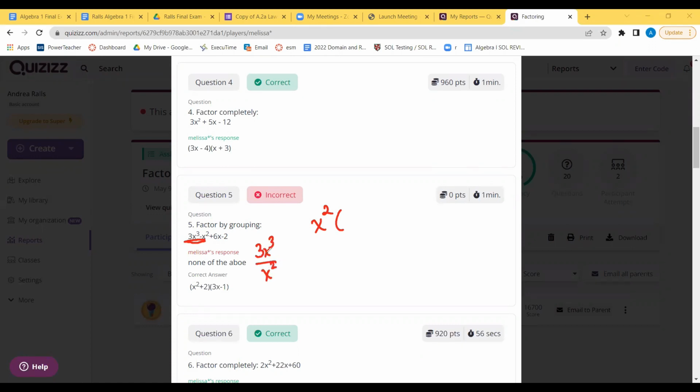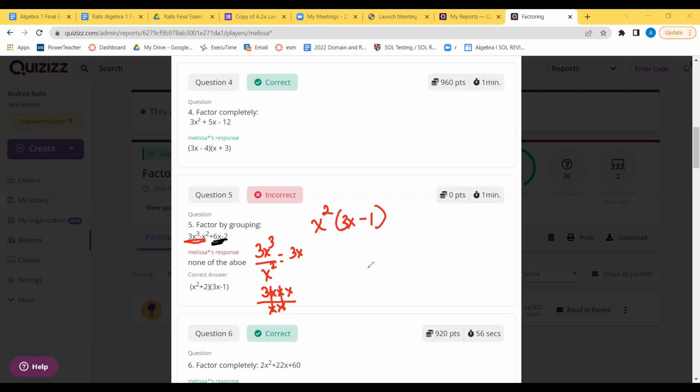If I take 3x to the third power divided by x squared, I would end up with 3x, because the x's cancel out. Now, if I factor an x squared out of an x squared, you will only be left with a 1. Your next set to factor by grouping is this one here.